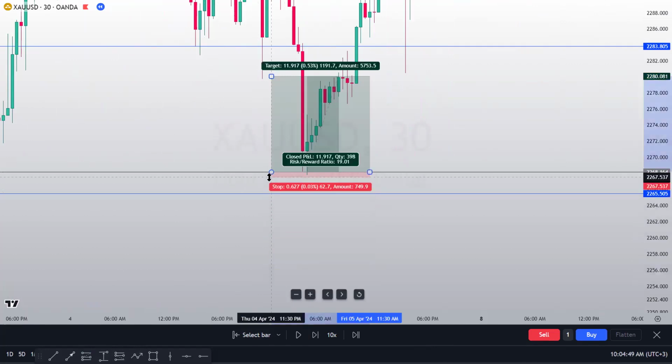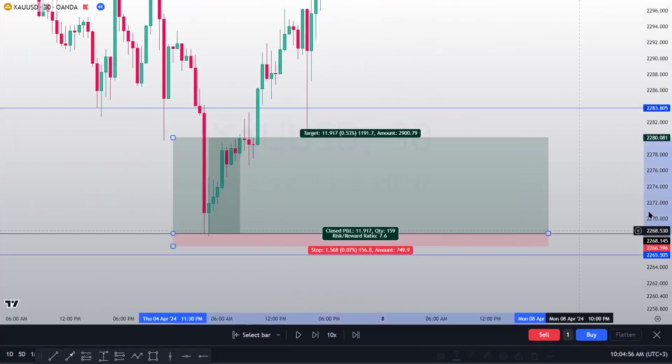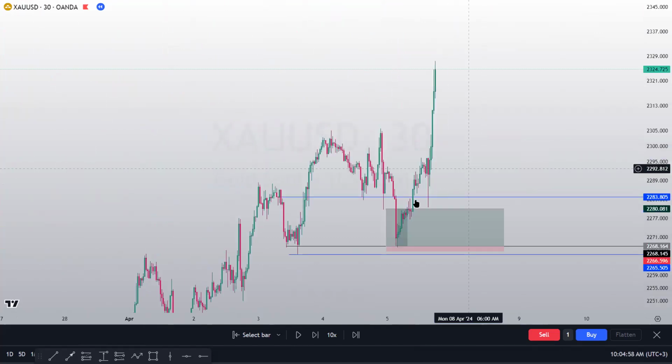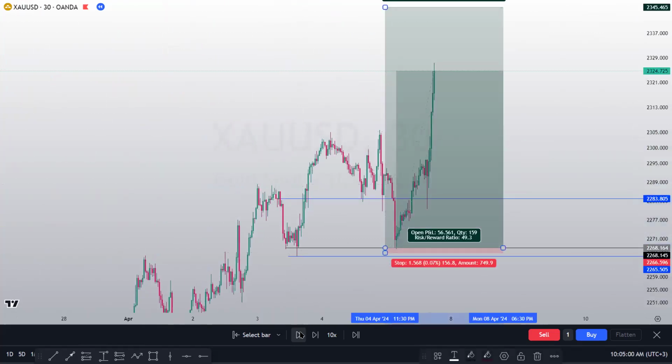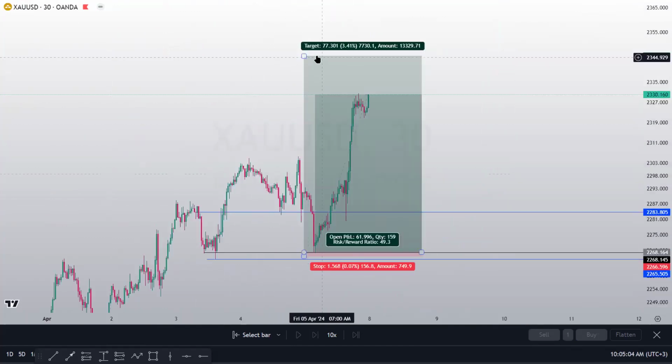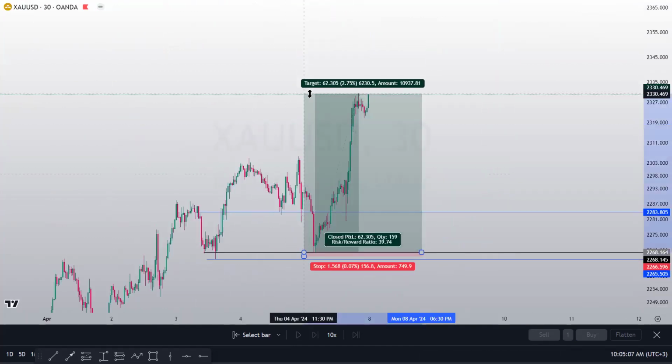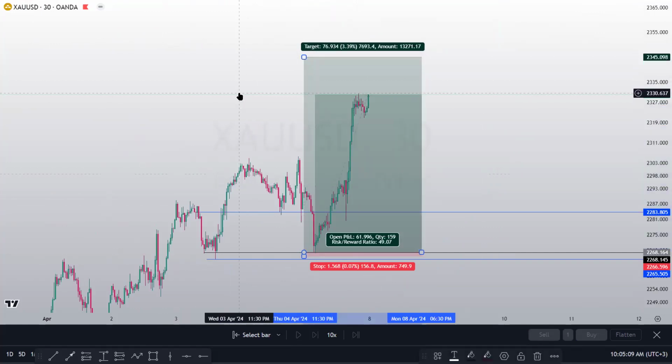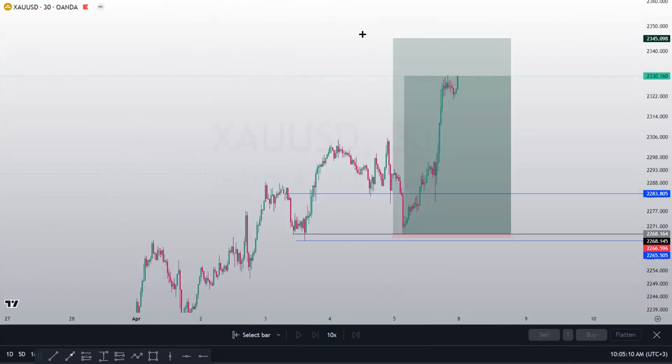As you can see, the market didn't even go further, even 5 pips. So by marking 15 pips, here we go. Market now is continuing to go up. Until now, gold is continuing to rally, and it's almost 623 pips till now.